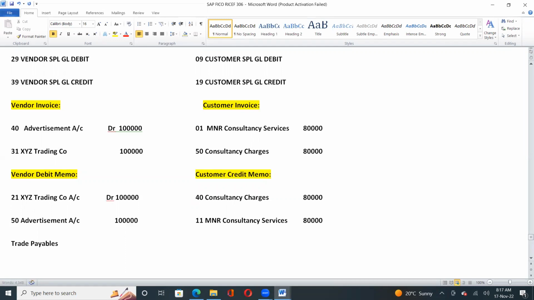And for AR module, it's trade receivables. So you can write it as recon accounts, reconciliation accounts.